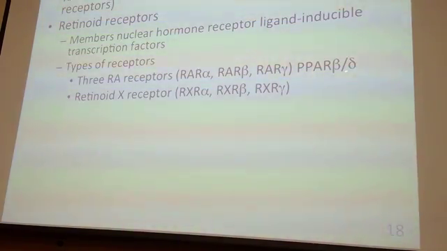And then it can also bind to the PPAR beta and delta family of receptors. So these are going to be receptors for retinoic acid. And then the other receptor, for a specialized cis version of the retinoid, is retinoid X receptor, RXR alpha, beta, and gamma.